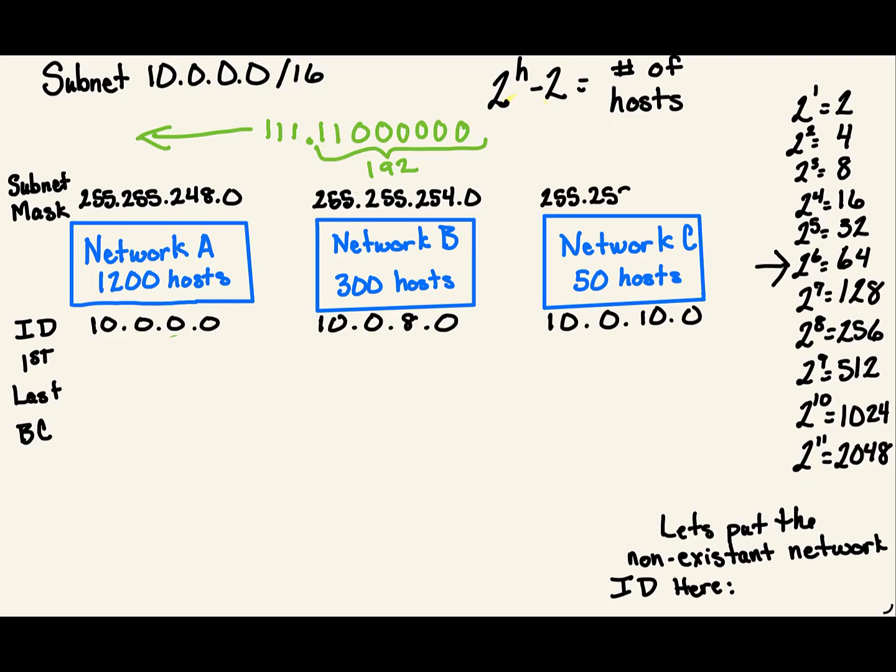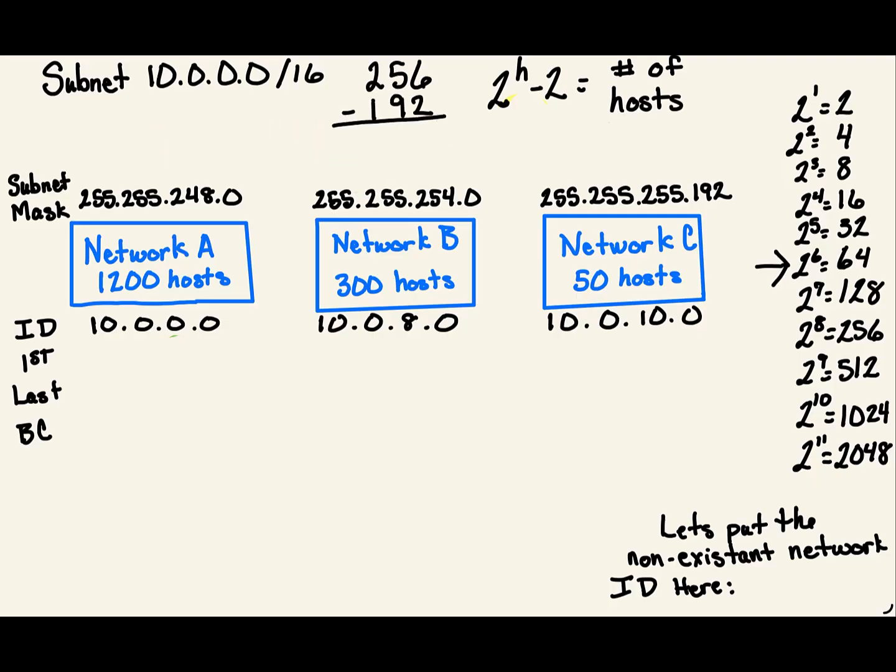So 255.255.255.192 is our subnet mask for network C. 256 minus 192 equals 64. So our block size is 64. Remember, the interesting octet is the one we have modified. So we're now moving down here to the fourth octet, the one we modified in the subnet mask.